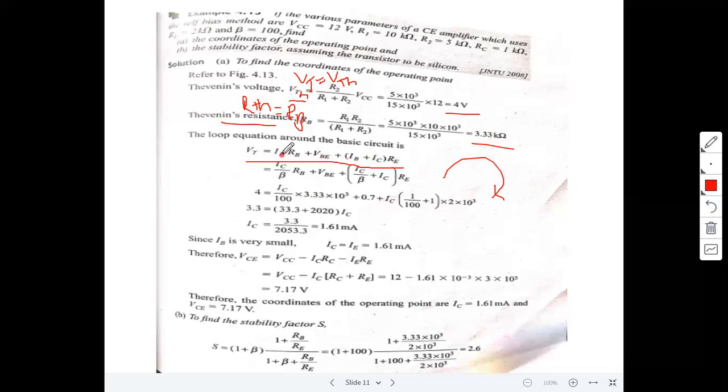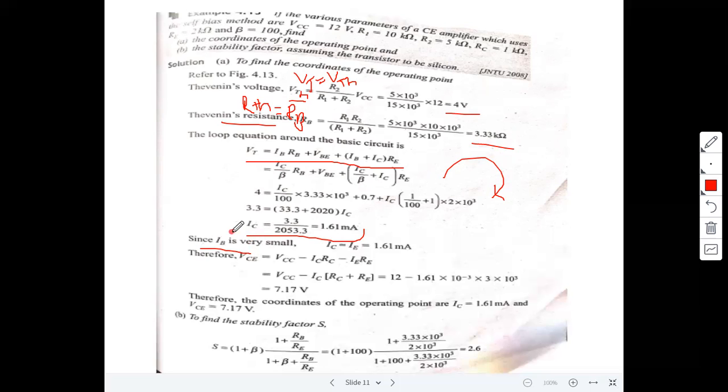Now replace IB with IC by beta, so that we can calculate IC here. Now the collector current is equal to 1.61 milliamperes. He neglected the base current as it is very small.